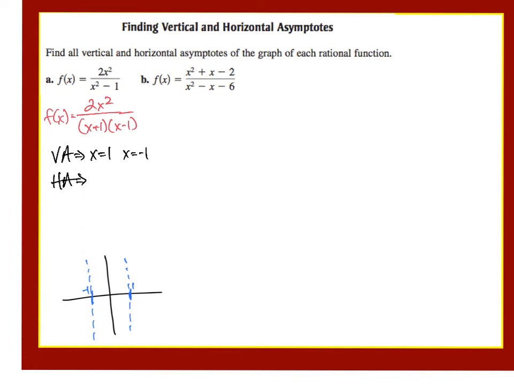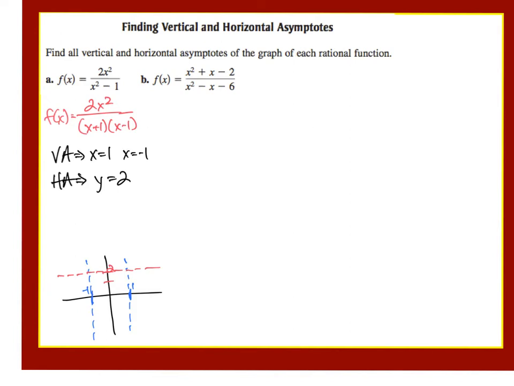The coefficients. So what do my coefficients give me? 2. It gives me y equals 2. All right. So I actually have a horizontal asymptote at y equals 2. All right. So now we got to figure out which way they go.